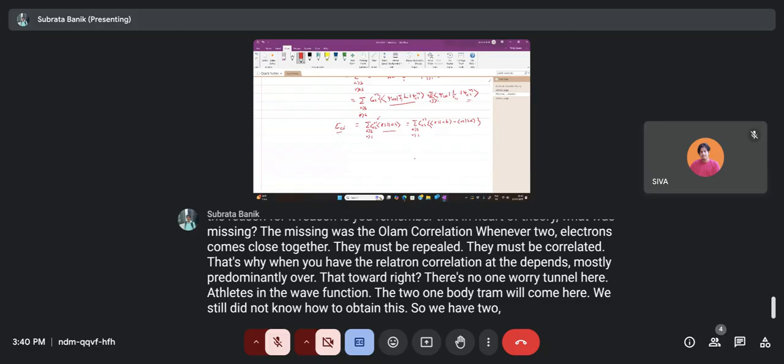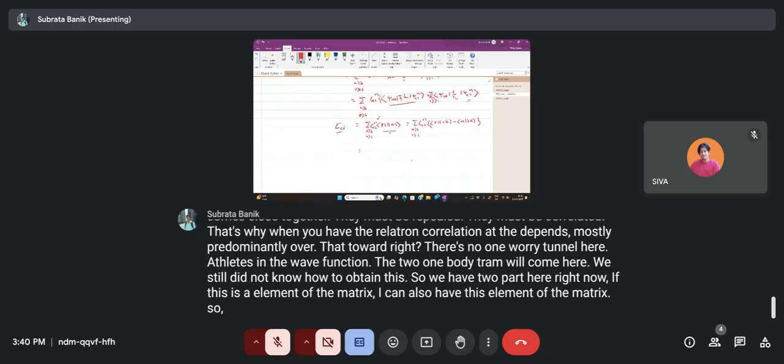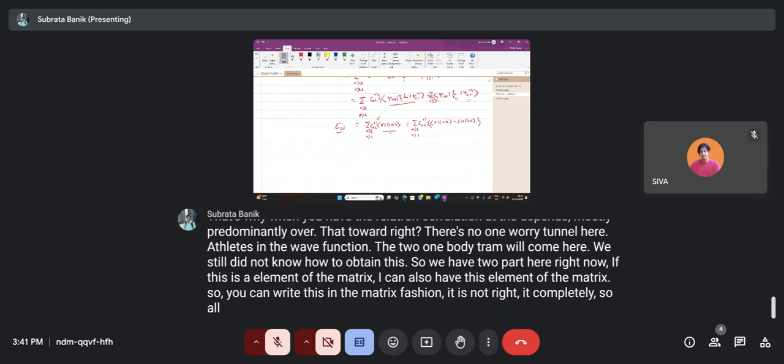So we have two parts here, right? Now, if this is an element of the matrix, I can also have this element of the matrix, right? So you can write this in matrix fashion. Let us not write it completely. So all we get as electron correlation is E0Ci, which is just this.